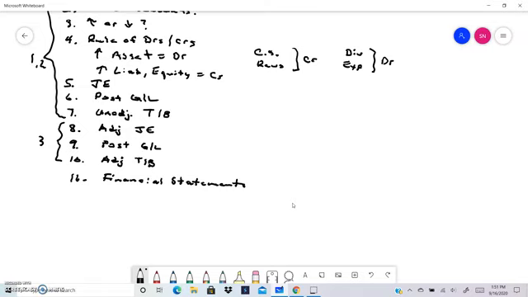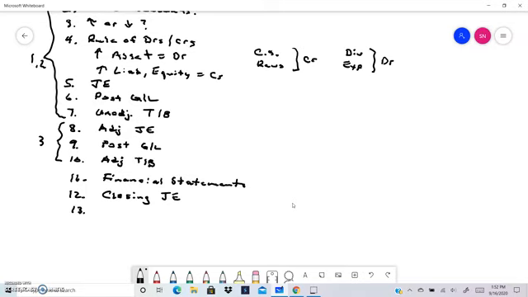Then after that, or simultaneous with that, really it's done almost at the same time in computerized accounting systems, the closing process is taking place. So again, here we would do our closing journal entries.